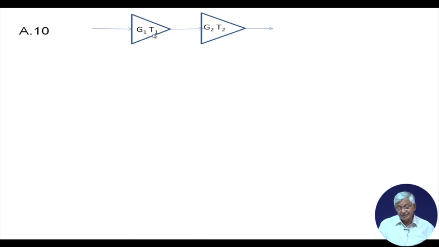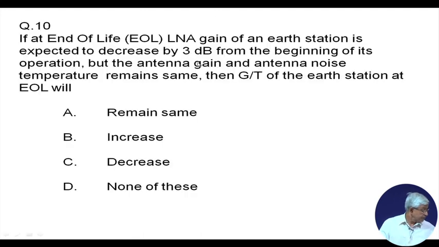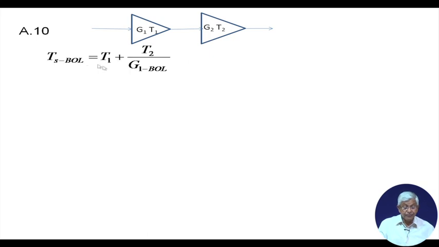We have seen that if we cascade two amplifiers with different gains G1 and G2 and their own effective noise temperatures T1 and T2, the total system temperature will be T1, the first stage, plus T2 by the gain of the first stage.